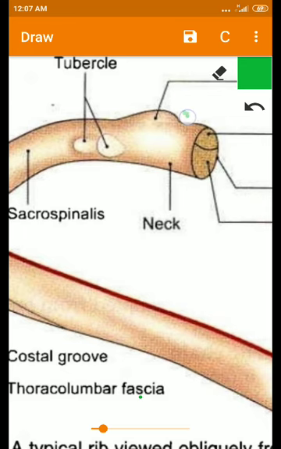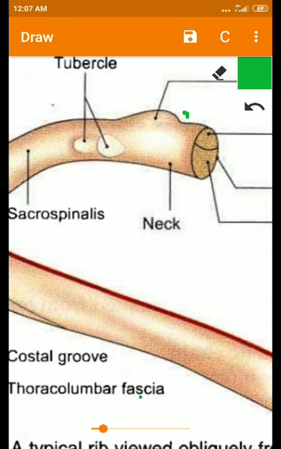to the internal intercostal membrane. Normally the internal intercostal muscle ends as an internal intercostal membrane. That is attached on the anterior surface of the neck of that rib.